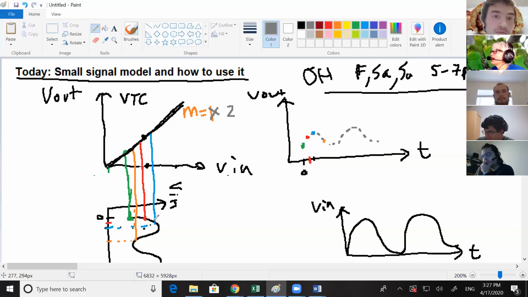I know a lot of audiophiles like vacuum tubes. Actually, let me bring them up after the next picture. This pretty much reproduces your input at your output, and depending on the slope, the gain, it adjusts the amplitude of your signal.